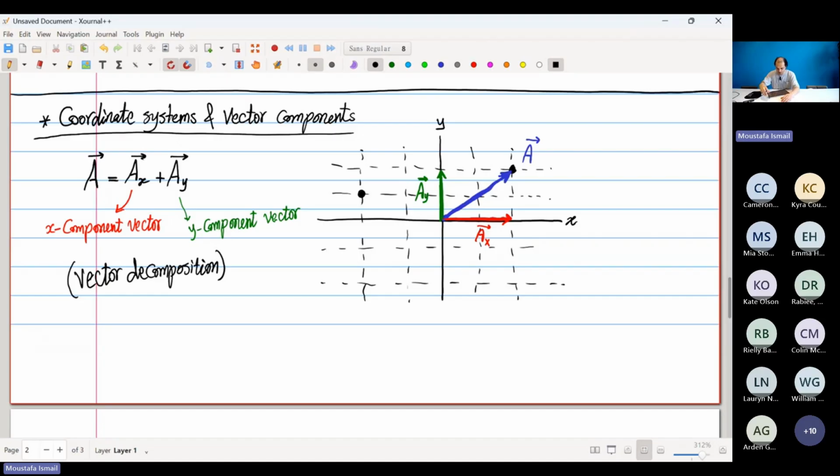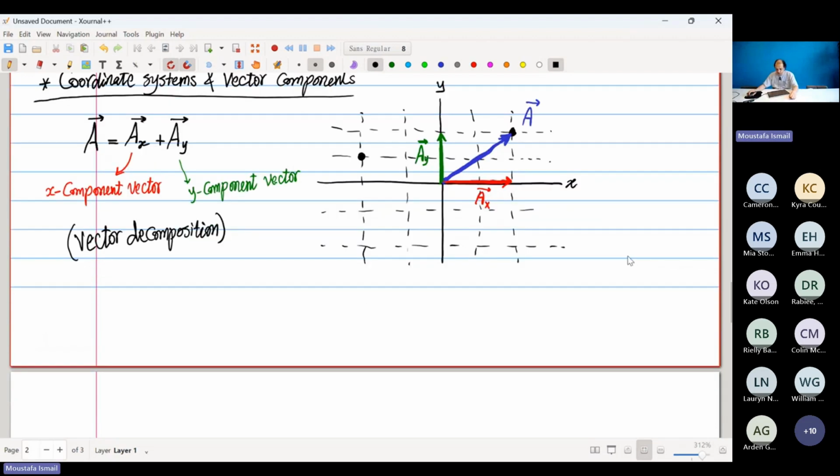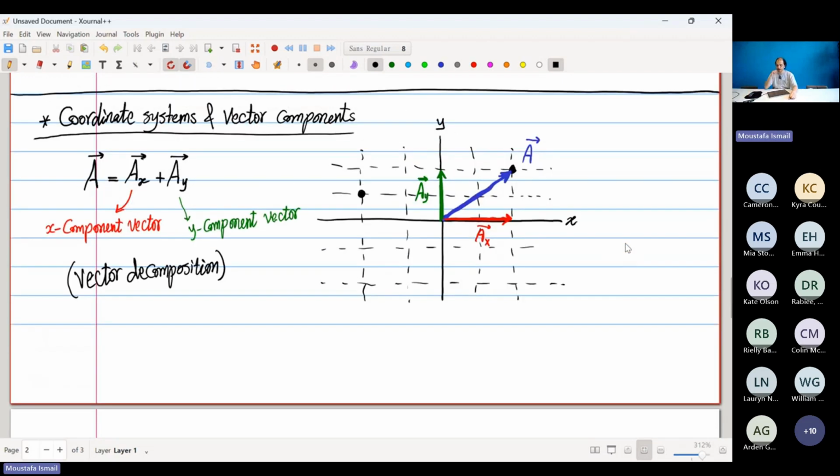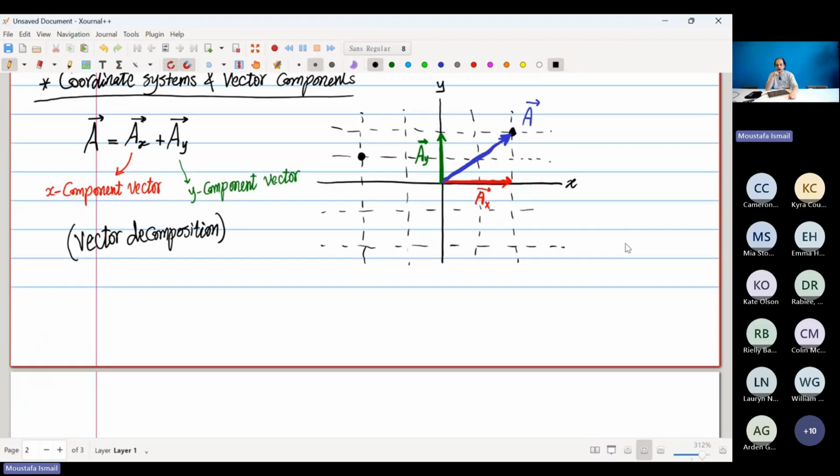This is worth covering in a little bit more detail. Instead of the component vector, we have vector AX here, for example.